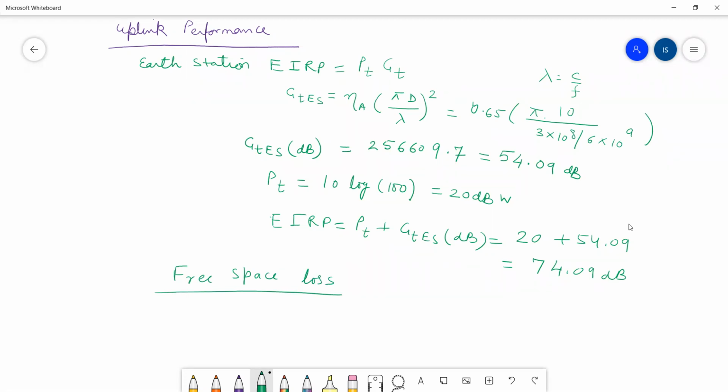Free space loss LP is equal to 4 pi r by lambda, squared. We studied this. Okay. So 4 pi r by lambda square, and again lambda is C by F. So it is 4 pi r F by C, square. Okay.